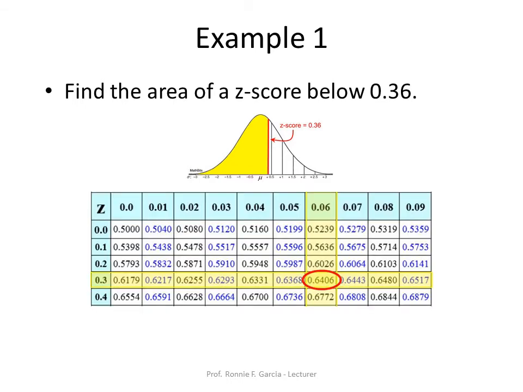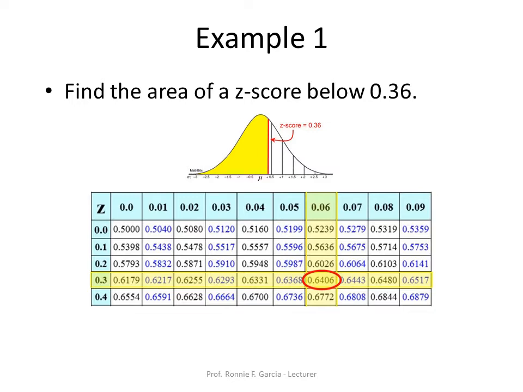So using your table again, since the z-score is 0.36, on the first column we look for 0.3, the first decimal place. And for the row, we have 0.06 to make it 0.36. The intersection of the two is 0.6406.